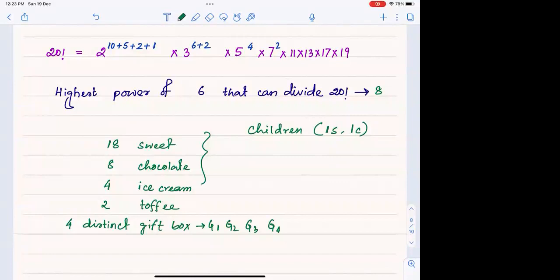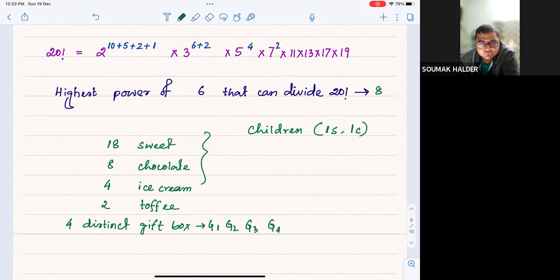Yes, sir. So I have a doubt. When we are saying that 2 to the power 1 can be given by 10 numbers, then 2 to the power 2 can be given by 5 numbers, aren't we overcounting? Because in 2 to the power 2, for example, we have already considered two ones. 2 can be given by 2, 4, 6, 8, 10, 12, 14, 16, 18, and 20.